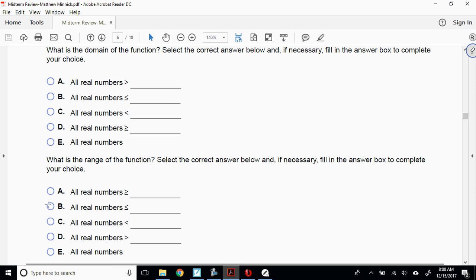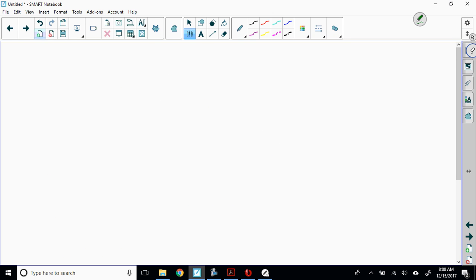One thing I would like to point out about number 17: there are a couple of different ways to express all real numbers, because on the test you will need to know this. All real numbers can be written that way, or this way.